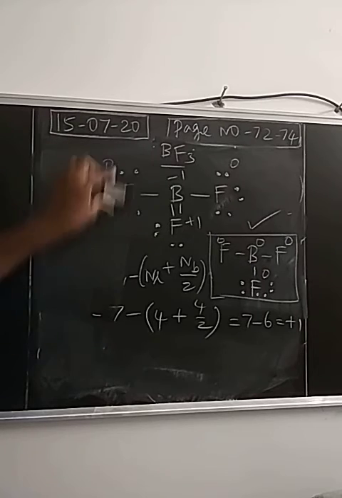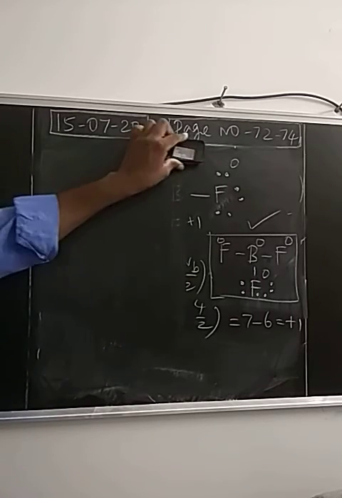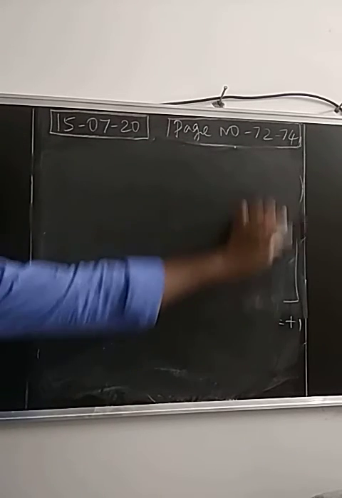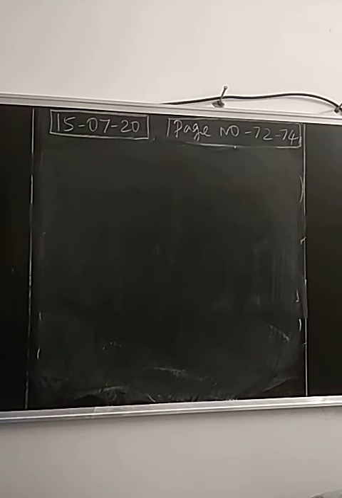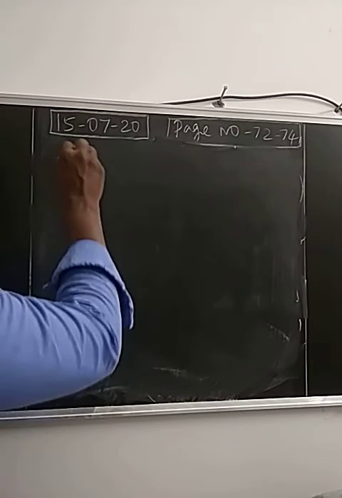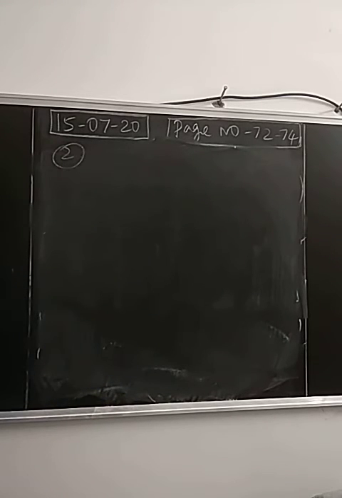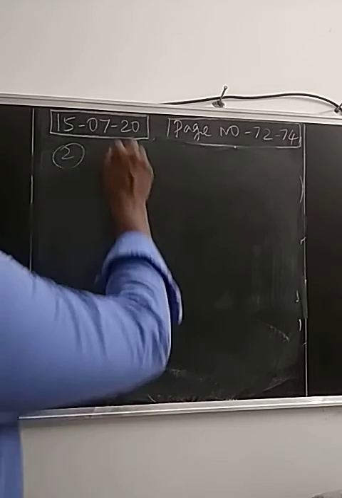So 2 more examples I have given in our book. They are boron trichloride and beryllium chloride, BeCl2, examples of molecules with electron deficient central atoms. They won't obey the octet rule. Second, certain molecules will have an odd number of electrons. So molecules with odd electrons will not obey the octet rule, right?